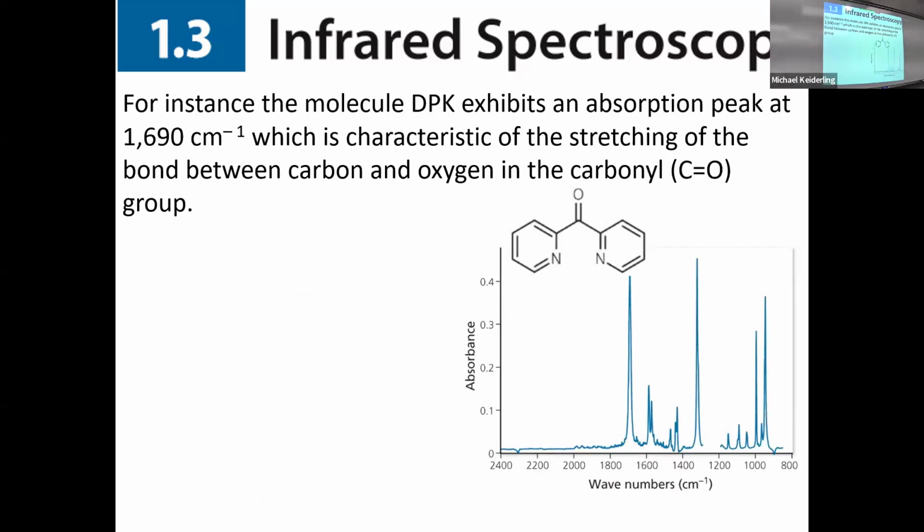Here, for example, the molecule DPK exhibits an absorption peak at a wave number of 1,690 inverse centimeters, which is characteristic of the stretching of a bond between carbon and oxygen in the carbonyl group. To analyze this, there is the analysis on this table.